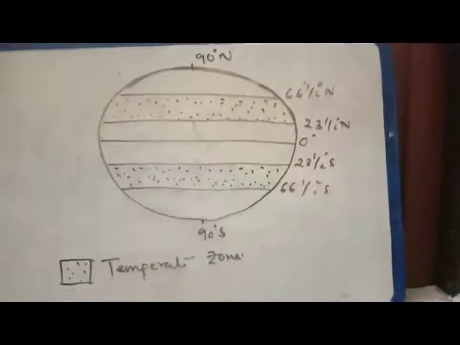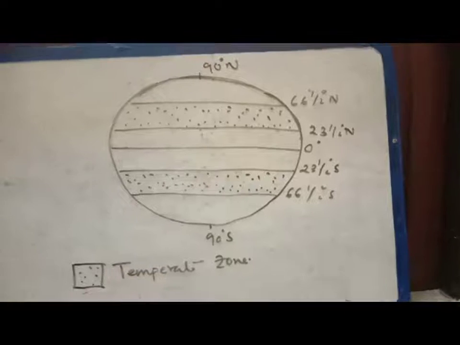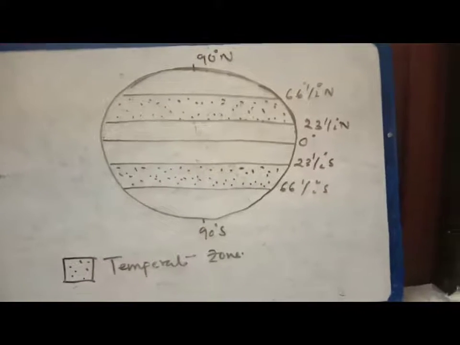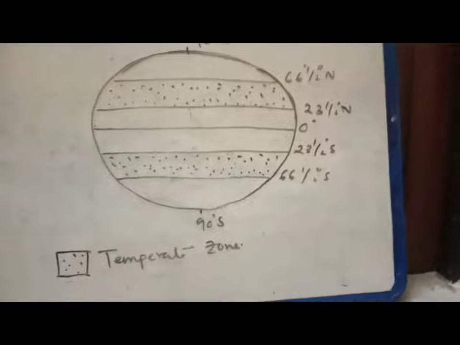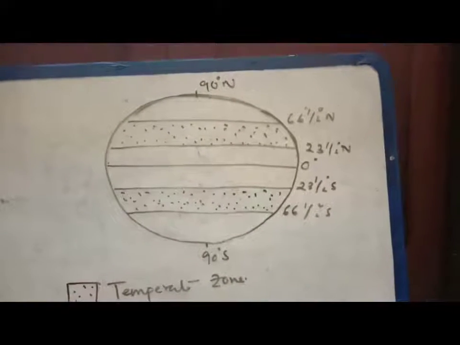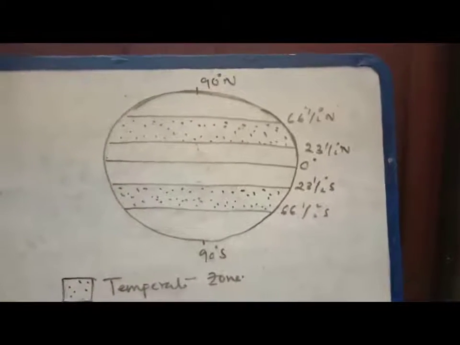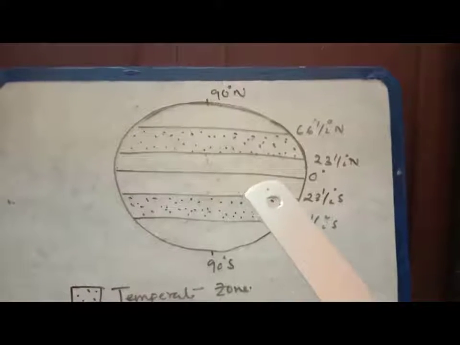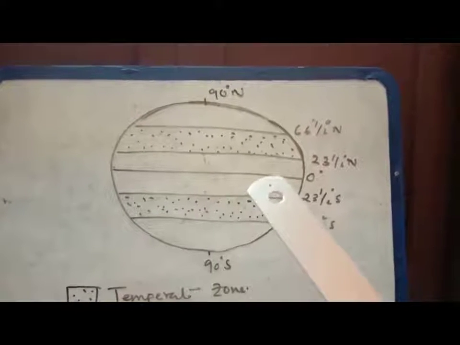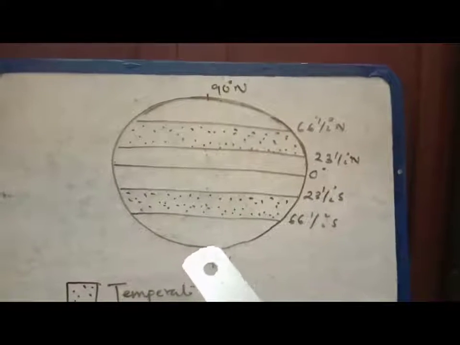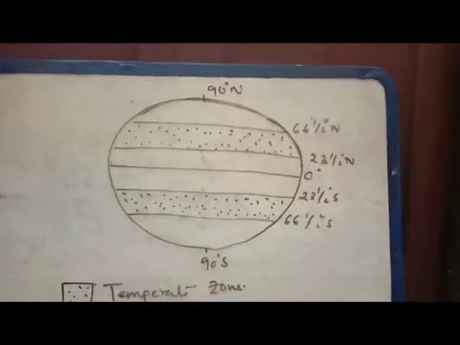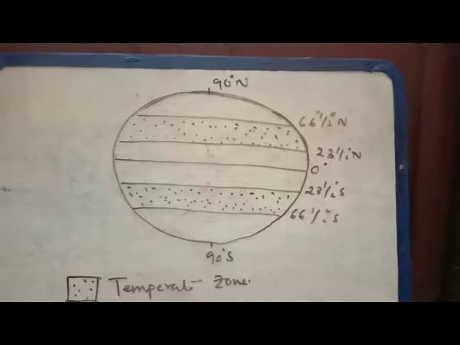So why is this zone called the temperate zone? Because temperate means neither too hot nor too cold. This place is not very far from the equator, and it's not very far from the pole.